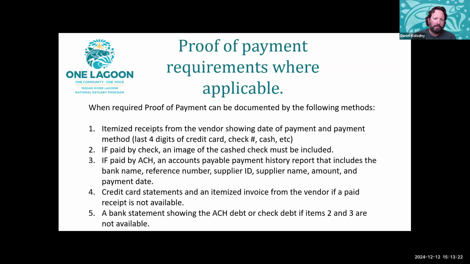And then also, if you don't have the check image or the ACH, you could use a bank statement showing that debit was made in your bank account. But you can reach out to me and we'll work on what's needed if something's missing here. And that's all I have regarding invoicing and proof of payments.